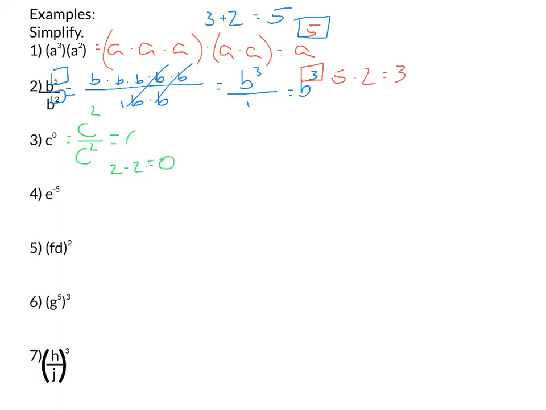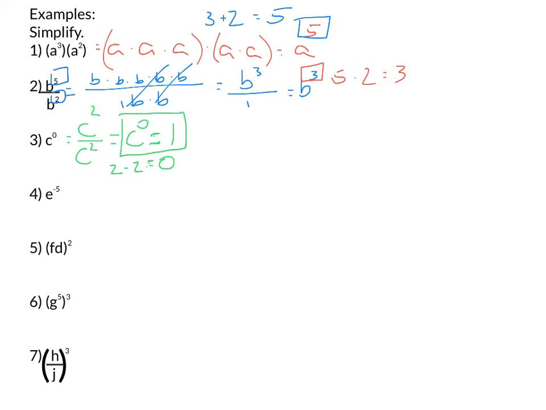And so this should be the same as c to the 0. But what does c squared divided by c squared even mean? Well, you're taking a number and you're dividing by itself, so it results in 1. So c to the 0 is the same thing as 1. An exponent of 0 means you're taking a number and you're dividing it by itself.